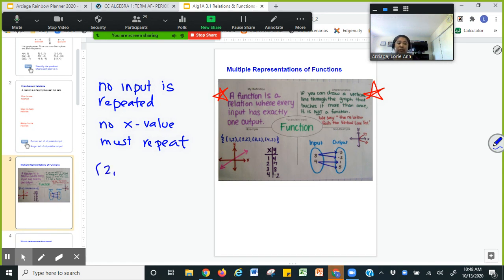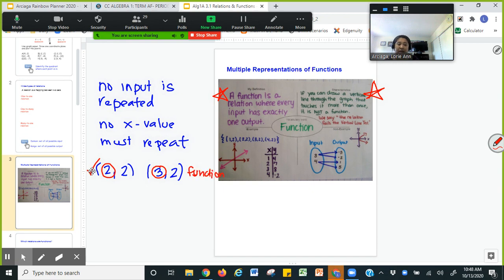Let's say, for example, 2 repeated, right? But that's an input, that's an output, that's okay. So if, let's say, this is 3 comma 2, if you look at the two x values, they're different, right? 2 did not repeat as an x, 3 did not repeat as an x, so this is a function. So in this case, this is a function.